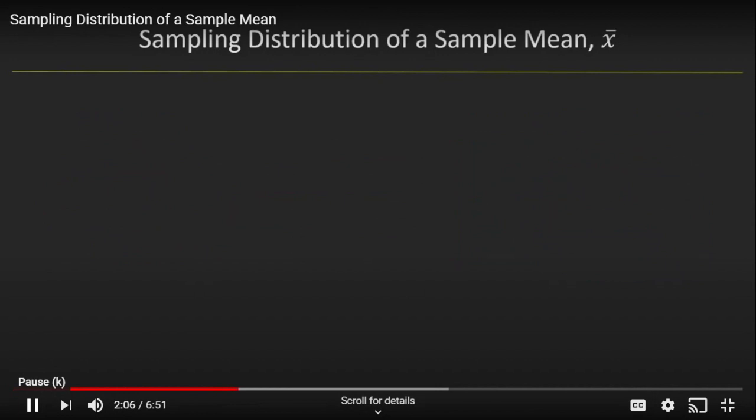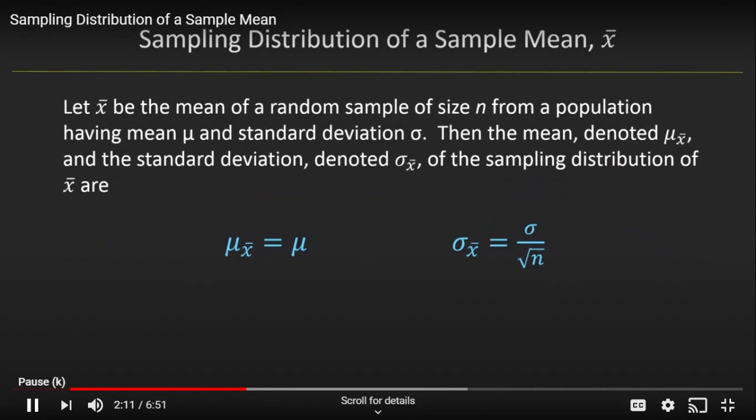Let's write this a bit more formally with some statistical notation. Let x bar be the mean of a random sample of size n from a population having mean mu and standard deviation sigma.